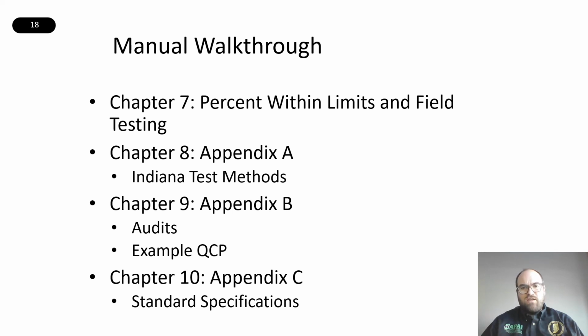And then Appendix C, Tab 10, and that is an excerpt of our standard specifications. Our standard specifications is over 1,000 pages long, but not all of that is asphalt. So what we do is we extract the relevant pages and give them to you there for reference throughout the course, as we go through different properties.